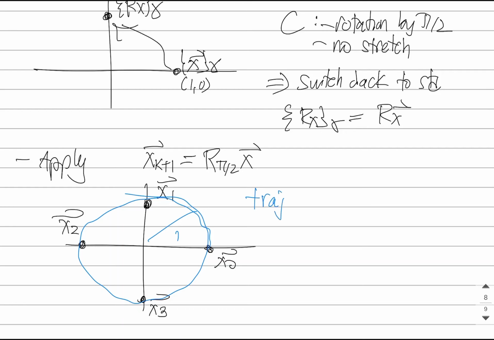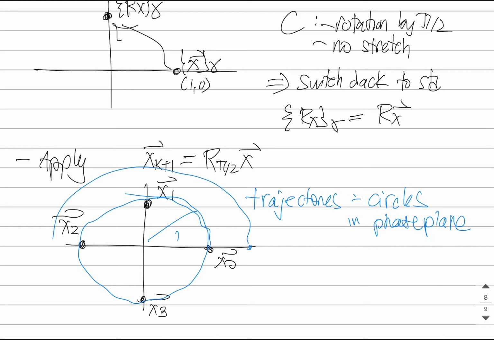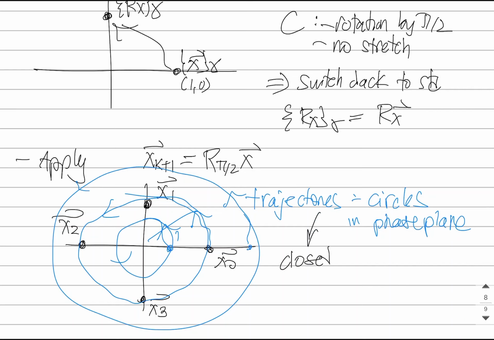So the trajectories would be circles in the phase plane. That's how the dynamical system would behave. If I were to take a larger radius, I would get larger circles. If I were to take a smaller radius, I would get smaller circles. These are called closed orbits, or sometimes they're called centers.